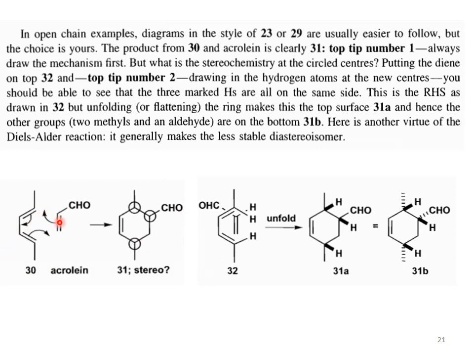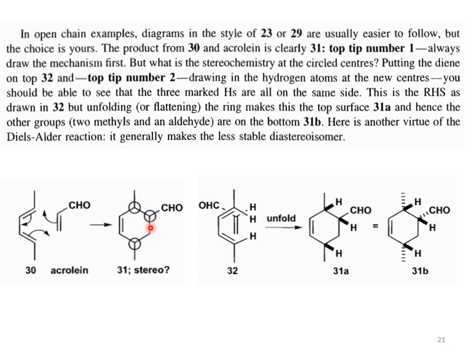So when we unfold it, see this hydrogen at this stereocenter and the hydrogen at this position in structure 31A, the two hydrogens are cis over here. And we can see in another structure, that's 31B, if these hydrogens are cis and these hydrogens are above the plane, then the other group attached with this stereocenter will be below the plane.